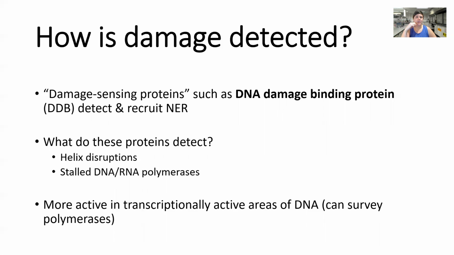If they see RNA polymerase stall, then that can help them detect DNA damage as well. They can also do this with DNA polymerases. It's just that RNA polymerases are a little bit more frequent, right? Cells are not always replicating their DNA, but transcription is pretty much always happening. So that is a really good indicator of DNA damage.